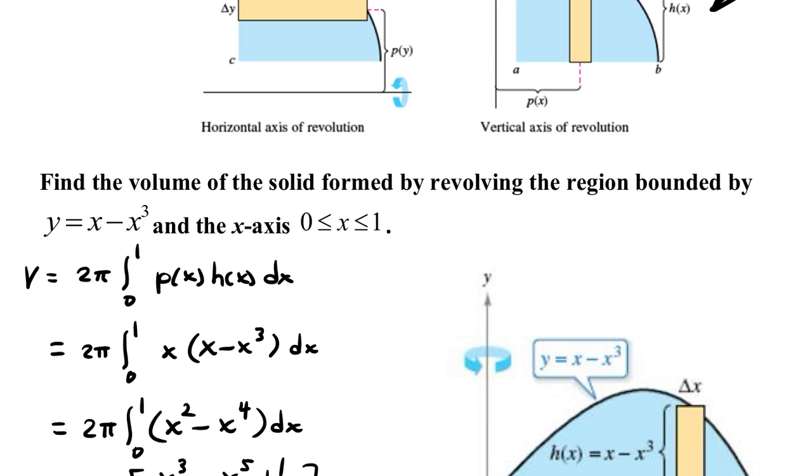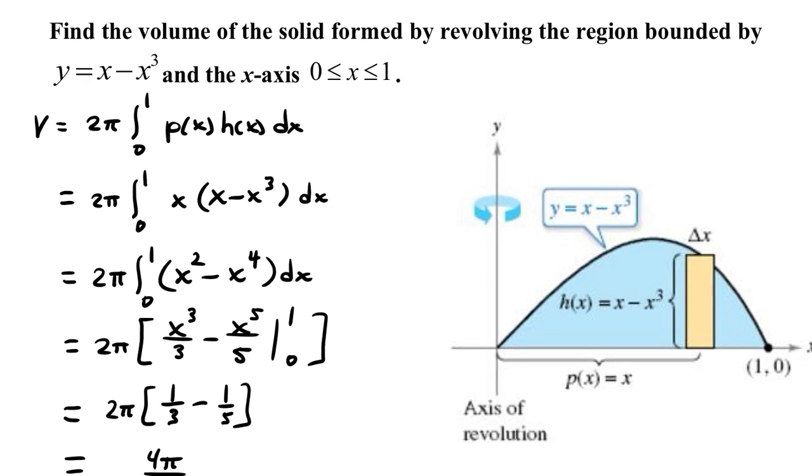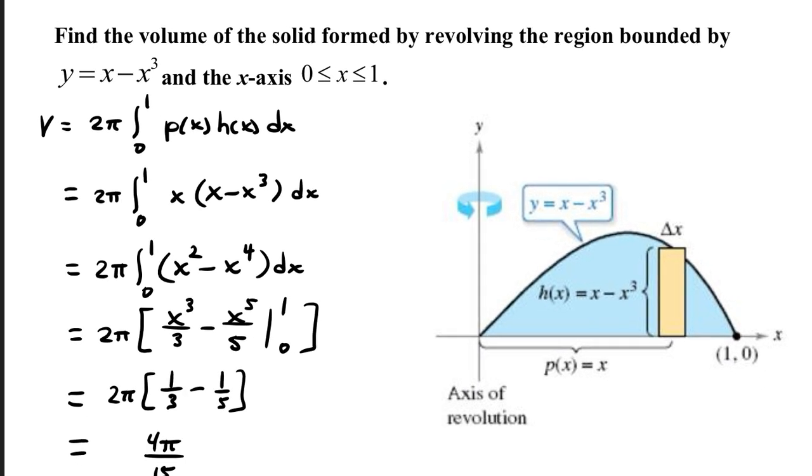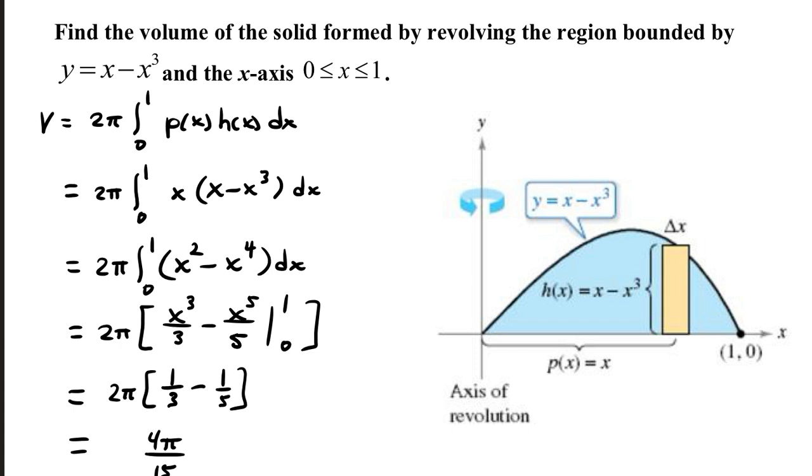All right, so let's move down and actually do some examples. Find the volume of the solid formed by revolving the region bounded by y equals x minus x cubed and the x-axis between 0 and 1. So this upper arc, that's the function x minus x cubed between 0 and 1.